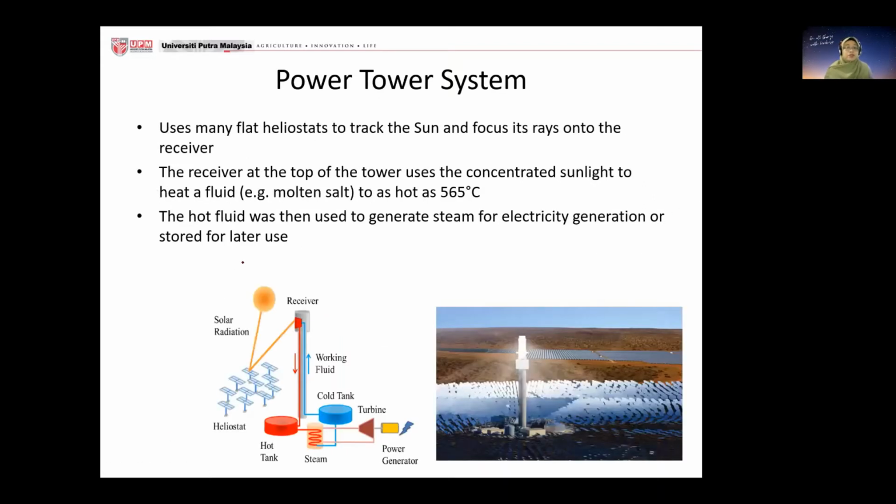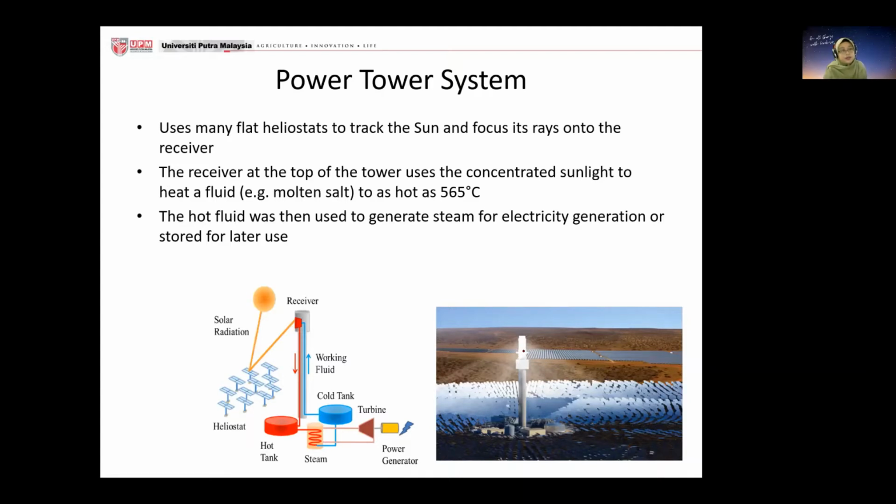Next, we have the power tower system. This is an example. It looks very nice, isn't it? It has many flat heliostats. These are heliostats, which you can see here. They track the movement of the sun and focus the rays onto the receiver. The top of the tower is the receiver.